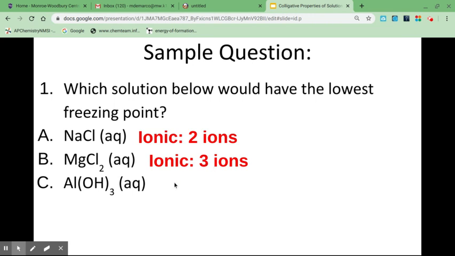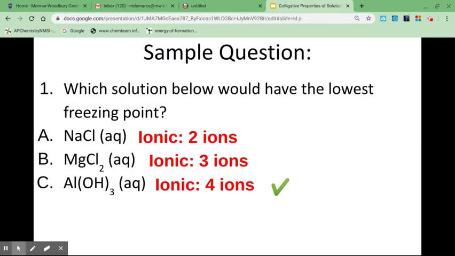And the last choice, C, aluminum hydroxide, actually has four ions, one Al, three OHs, and that's ionic. So here, because they're all ionic, we have to go with the highest number of ions. So my answer has to be choice C.